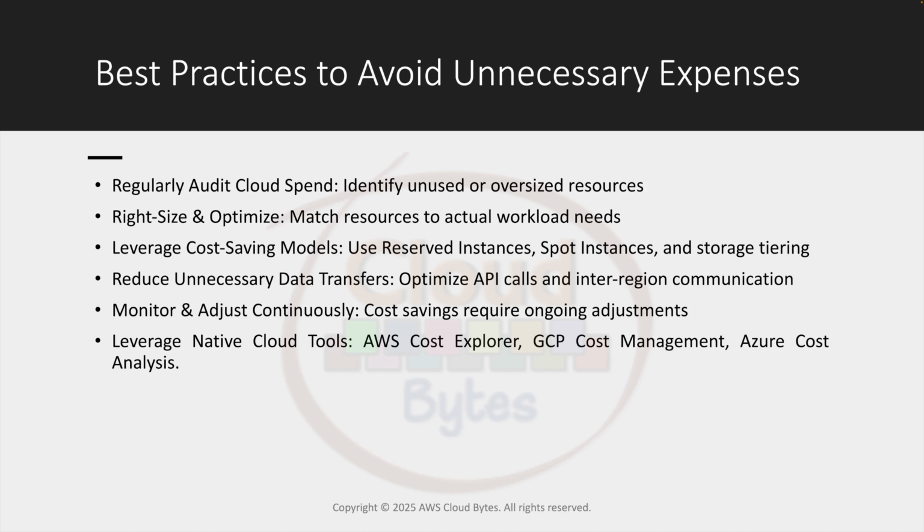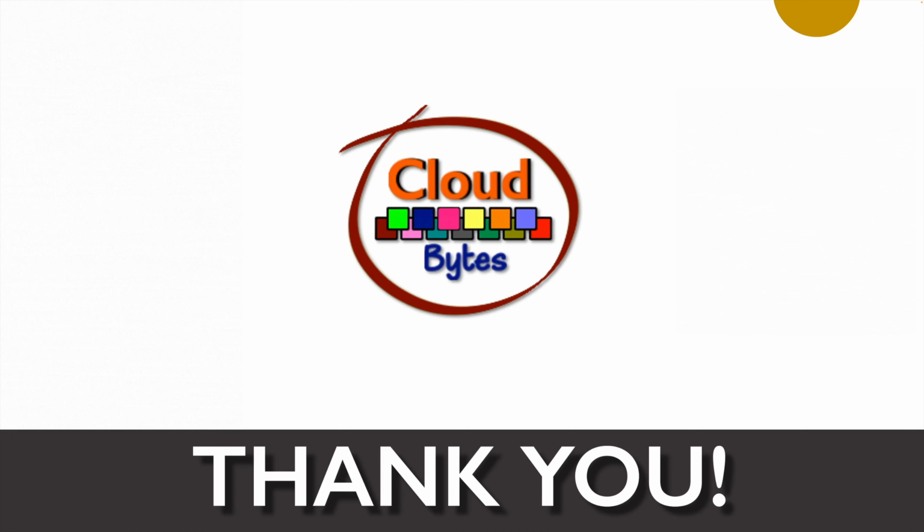Leverage native tools such as AWS Cost Explorer, GCP Cost Management, Azure Cost Analysis. The key takeaway from this presentation is that cloud cost optimization isn't a one-time effort. It requires regular audits, strategic resource allocation, and a mix of cost-saving strategies.